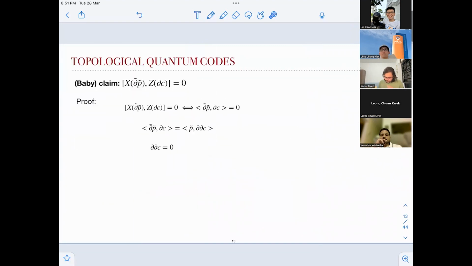But we know from the first fundamental lemma of homology that the boundary of a boundary is 0. So delta delta C is 0. And since 0 is a null chain, its inner product with any co-chain is 0. So basically we get 0 here. That's the simple proof.